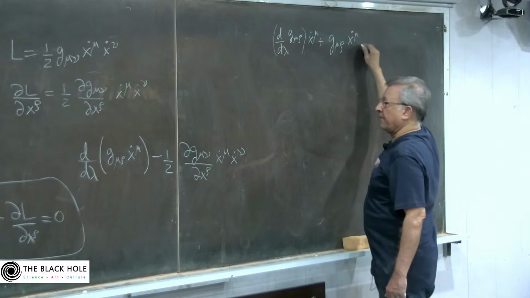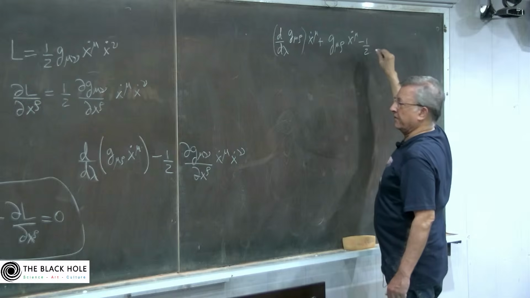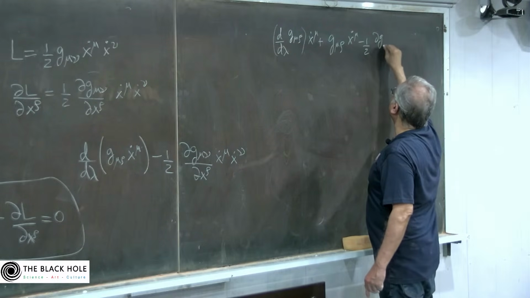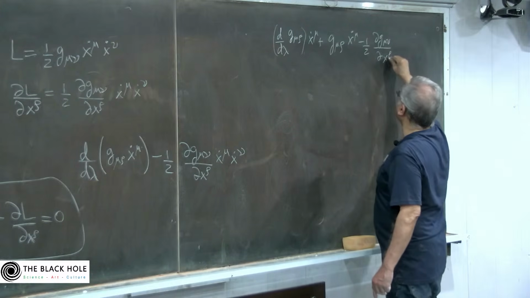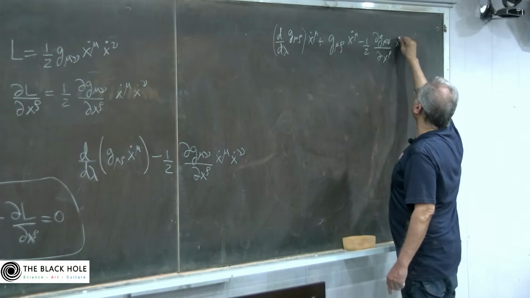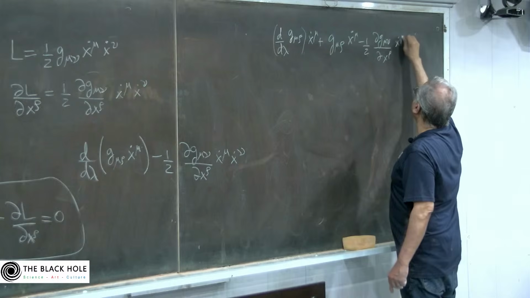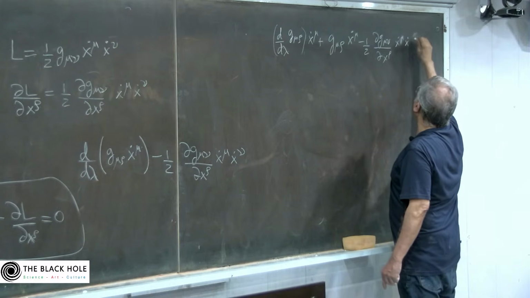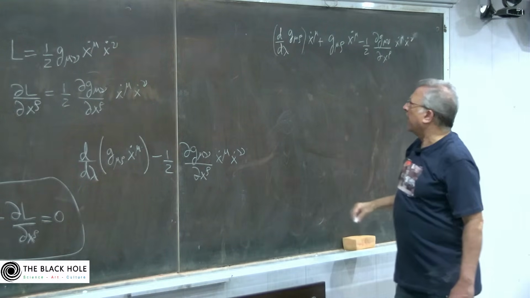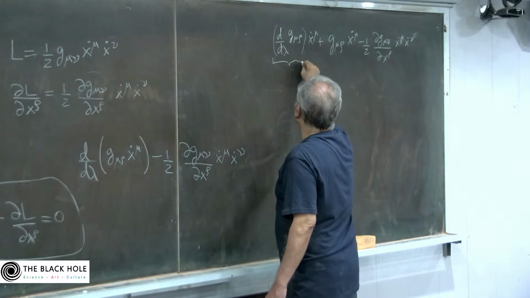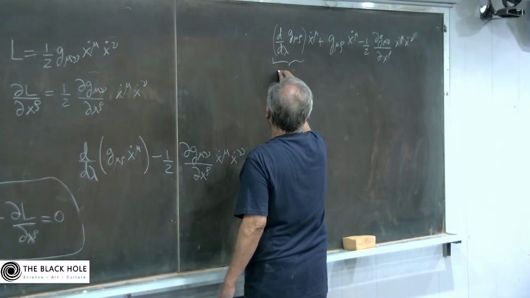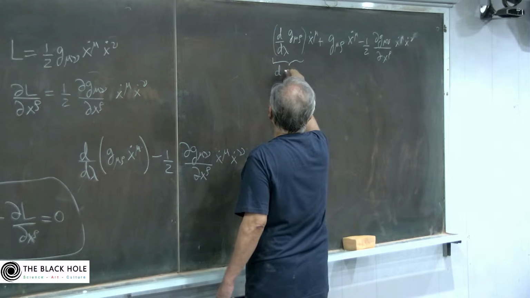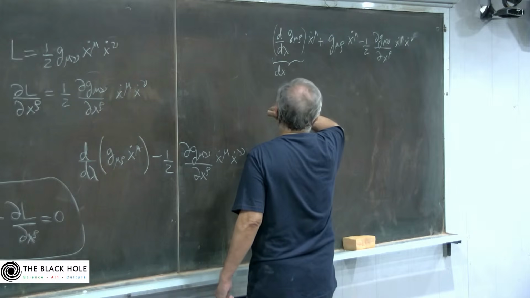Double dot, minus half dx, what should I call it, nu?